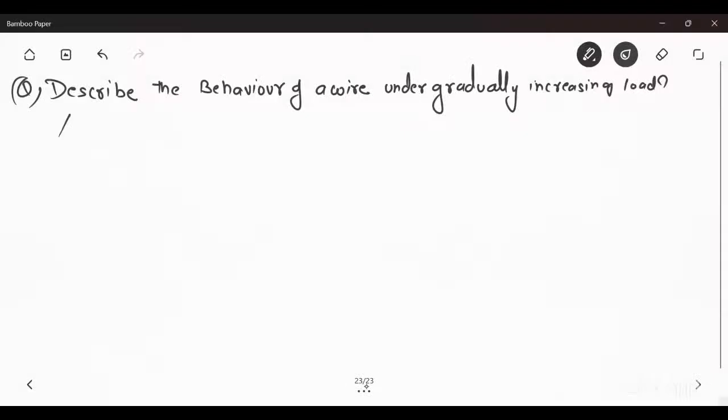This question also came like that: define the stress strain curve. Both questions are the same. Both have the same answer. Now, what is the answer?